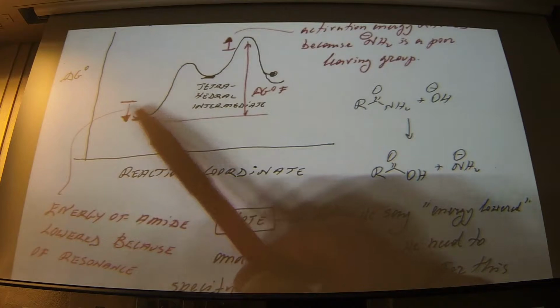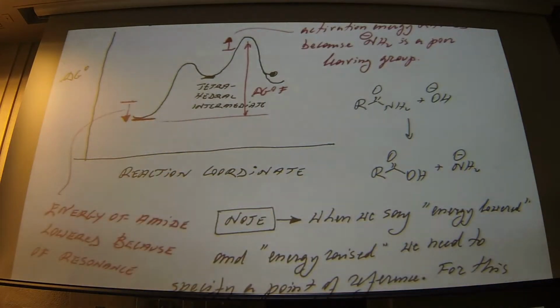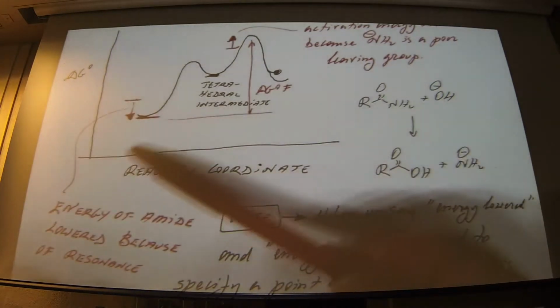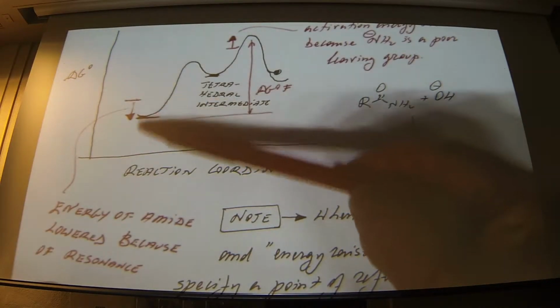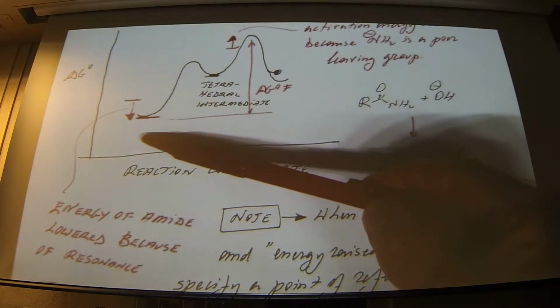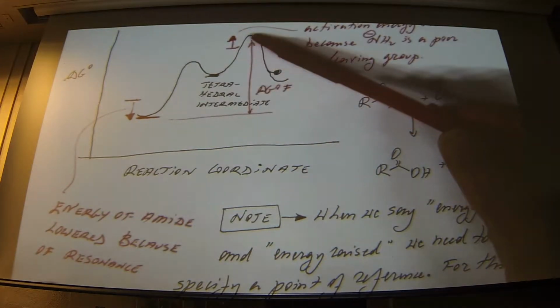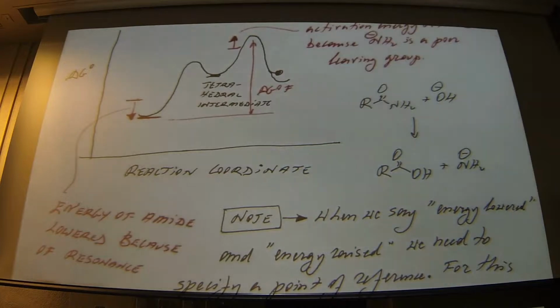The reason is twofold. When you have an electron-donating group attached to the carbonyl, it lowers the energy of the starting material, and it raises the energy of the second transition state, the one involved in collapse of the tetrahedral intermediate.